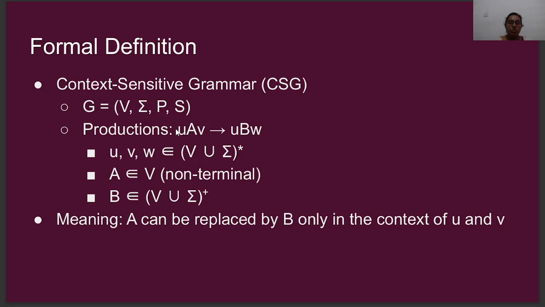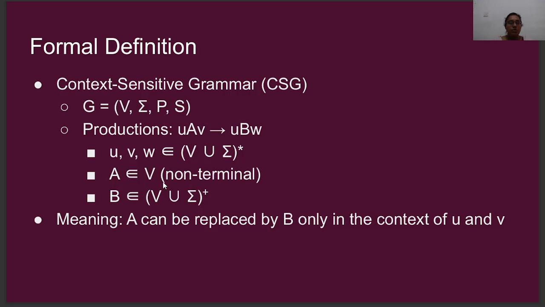So u, v, and w are all elements of either capital V or sigma or a union of the two. A is an element of V, so A is one non-terminal at least should be present on the left-hand side. But on the right-hand side, it can be a collection of terminals or non-terminals or both.